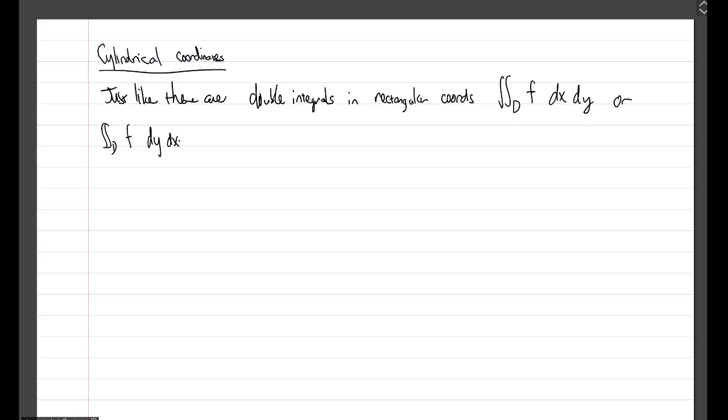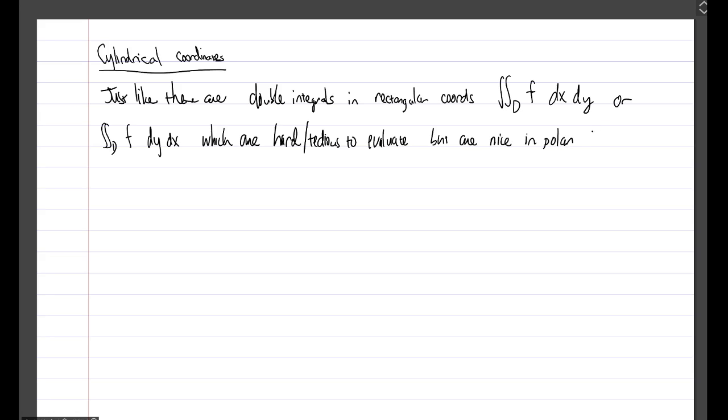And these integrals, which might be hard or tedious to evaluate, but are nice in polar, right?